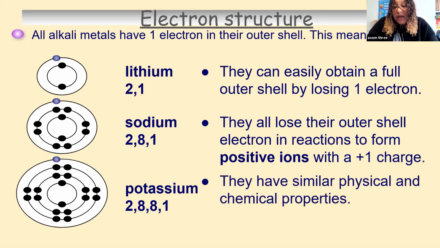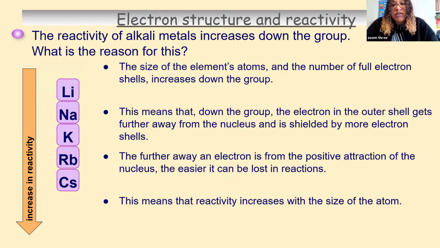And we know that they have similar physical and chemical properties. As you go down the group, the reactivity increases. The electron in the outer shell gets further away from the nucleus because there are more shells. They're shielded, if you think of it like a shield. It's electron shielding.